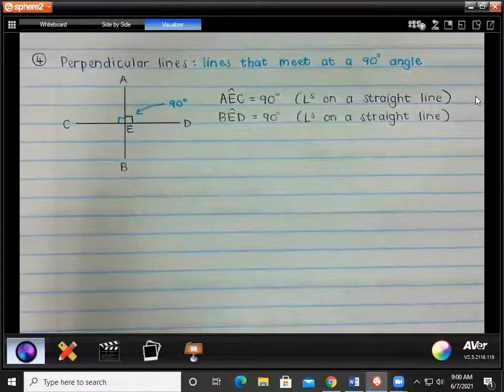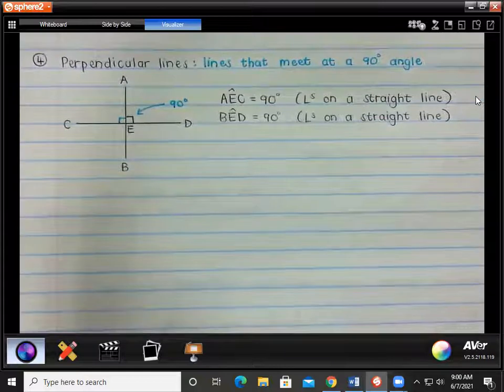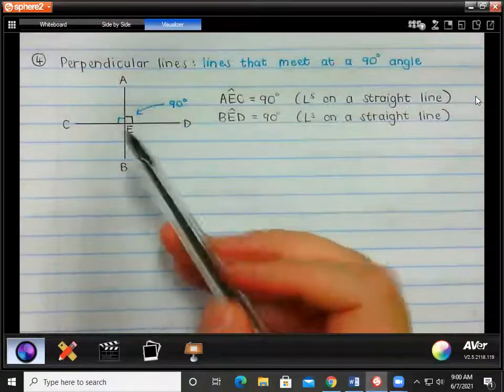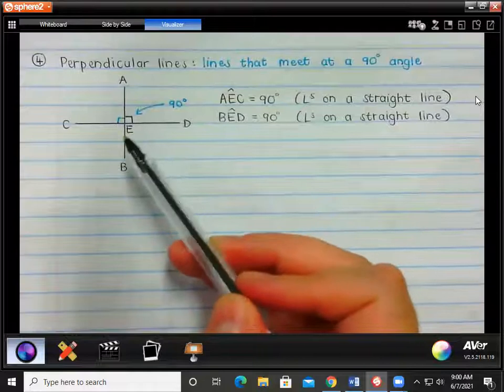All right, that's also angles on a straight line. So guys, was that the only reason that I could have used for getting that this angle is also 90? What other reason could I have used?